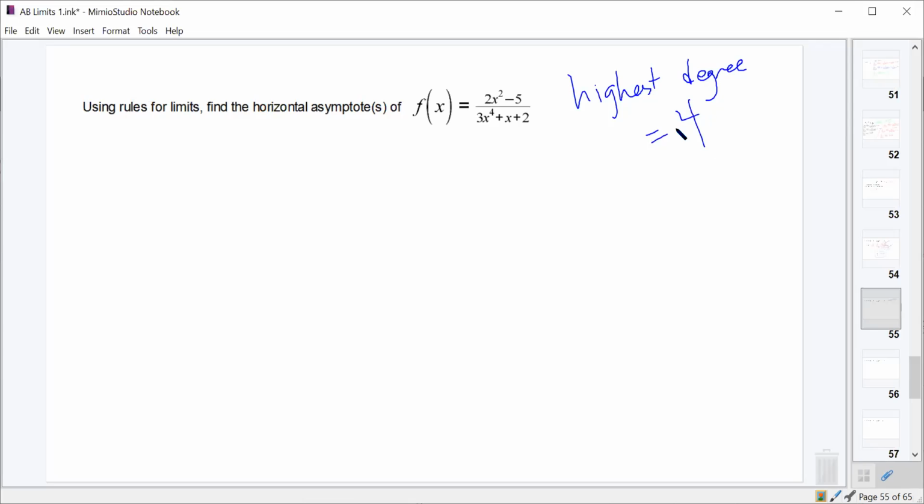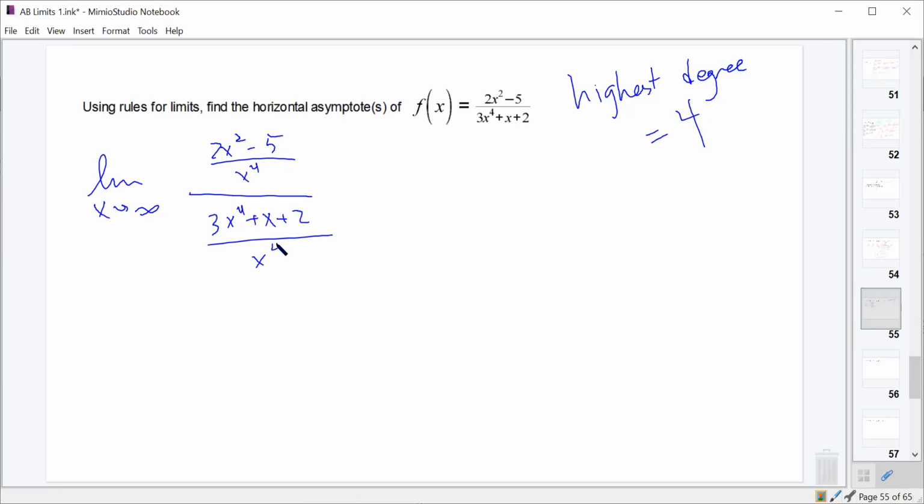So we're going to divide every term in this limit that we write. Ready? We're going to divide them all by x to the 4th. And what is that going to give us?